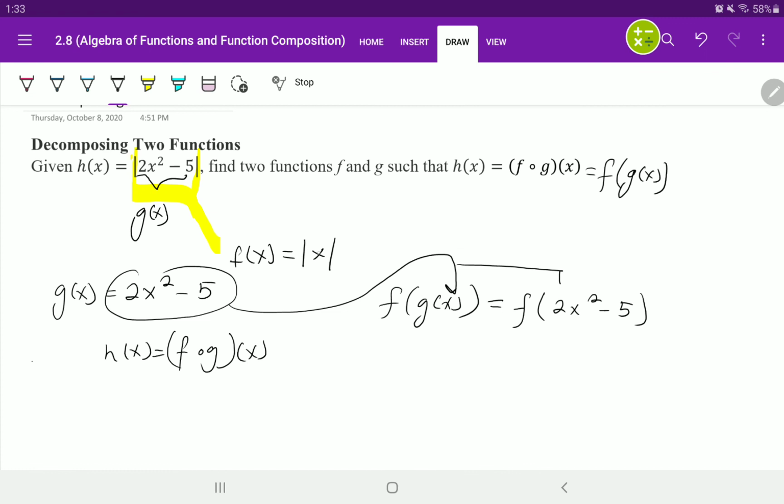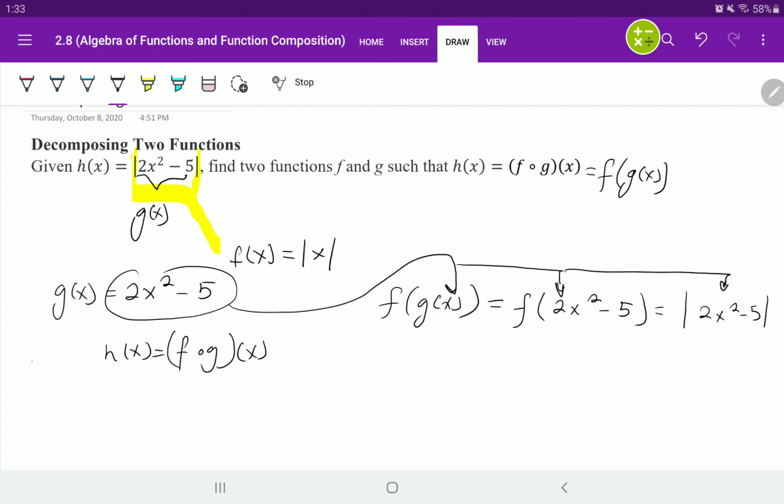And we know f of x is the absolute value of x. So I'll put my absolute value symbol here, and whatever is inside of here will go inside here, which is going to be 2x squared minus 5.